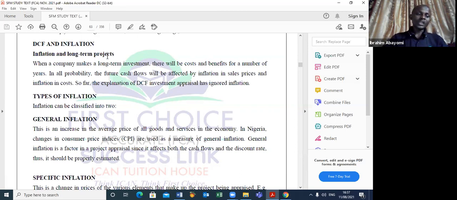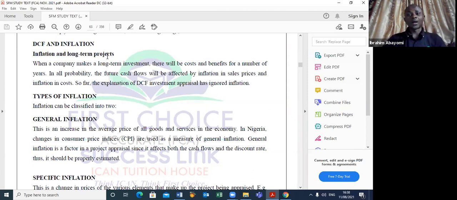Now, inflation has the effect of increasing the price level, the price of items.